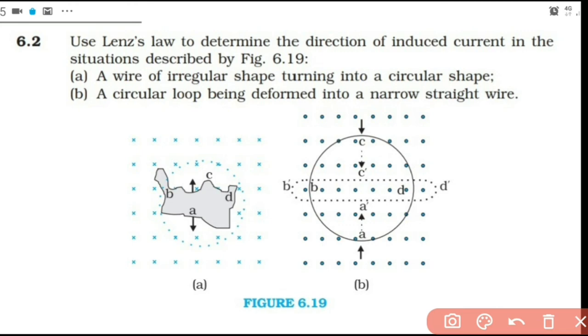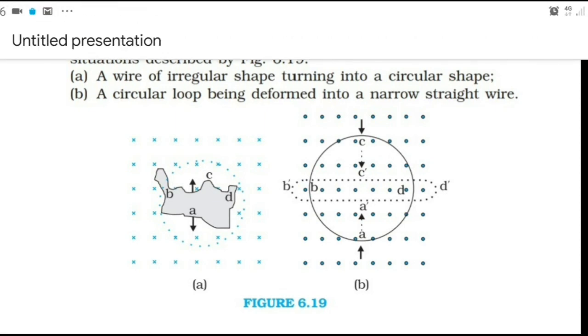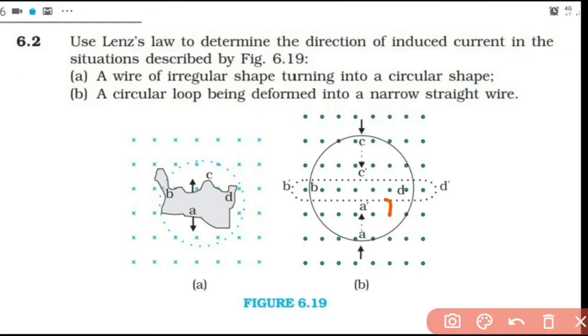So holding the thumb in the outward direction, we can see that the direction of induced current is A dash, D dash, C dash, B dash, A dash. In this direction, the induced current is flowing.